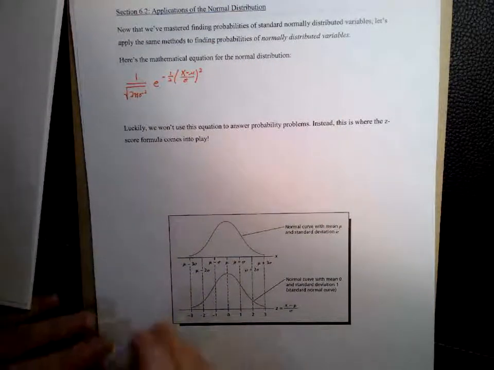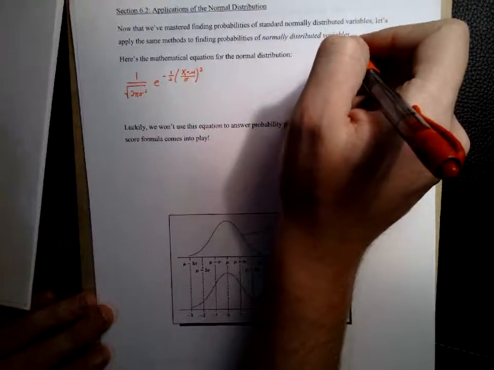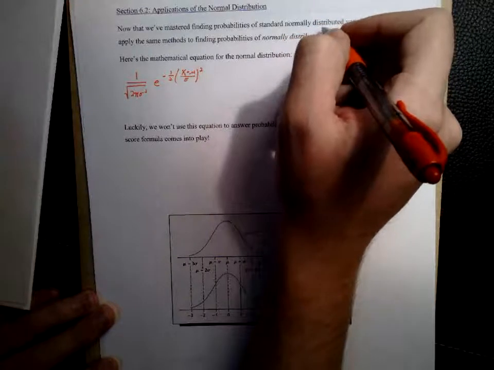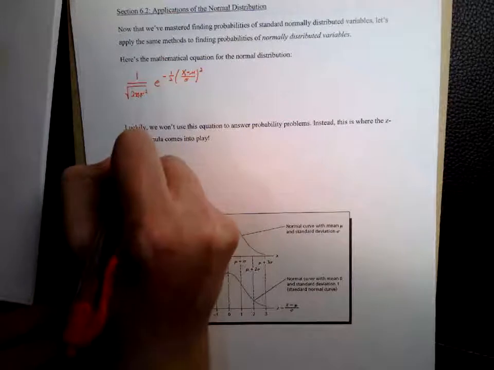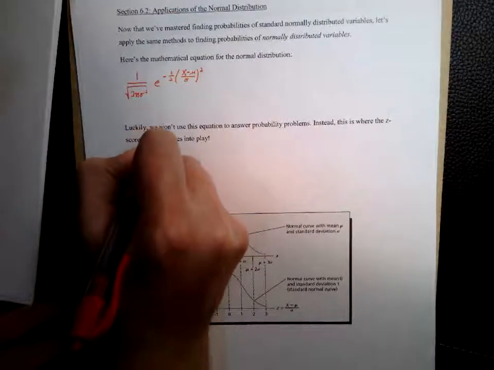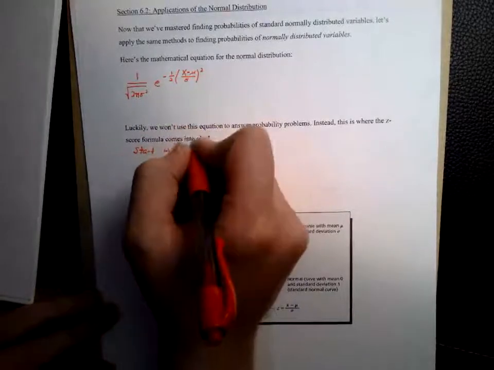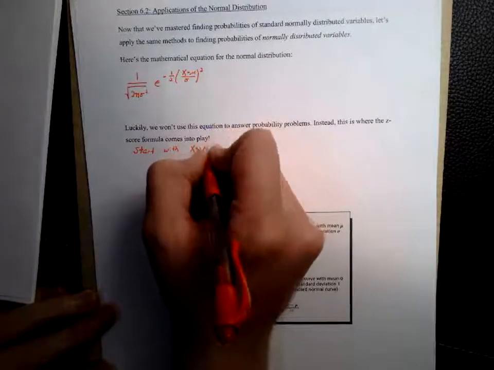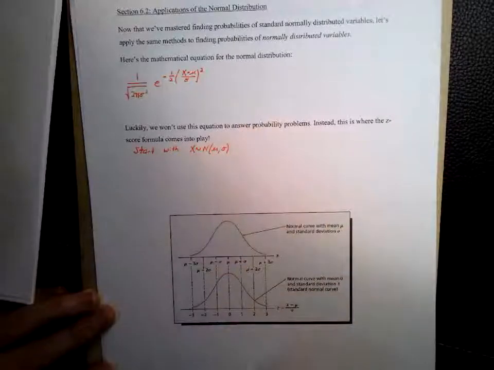This is why we use these z-scores. We can take these normally distributed variables, turn them into standardly normally distributed random variables, and then we can use those z-scores in the standard normal tables to find the associated probabilities. So we're going to start with some variable x that is distributed normally with some mean of mu and some standard deviation of sigma.